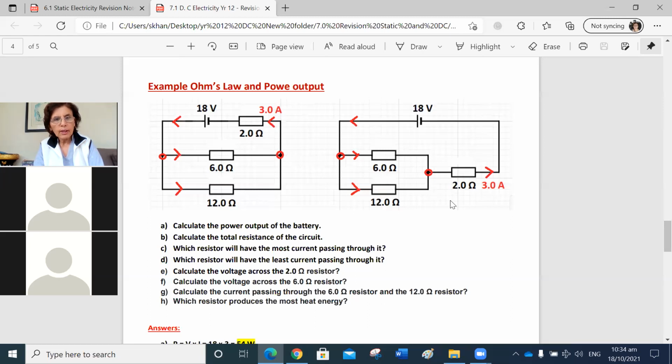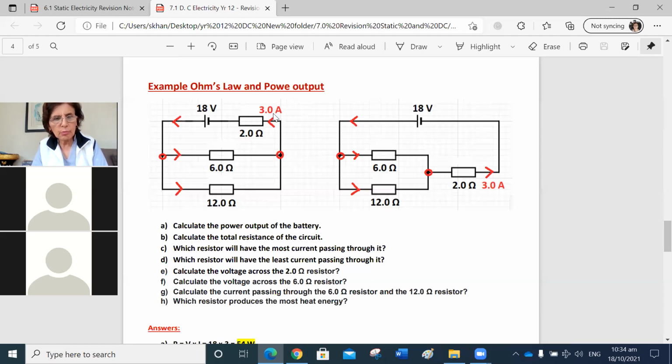Okay. Another shortcut, if I'm asked to calculate the total resistance, is total voltage divided by total current. 18 divided by 3 is 6. So that resistance has to be 6 ohms to produce a 3 amp current.